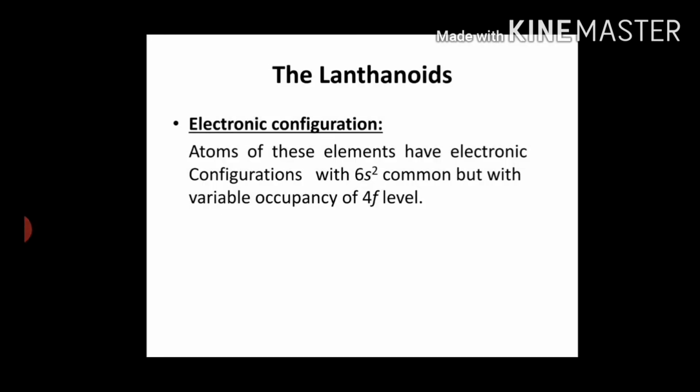All the lanthanoids have electronic configuration with 6s2 common, but with variable occupancy of 4f and 5d subshells. The electronic configurations of the elements with fully filled f orbitals and half filled f orbitals are relatively more stable.